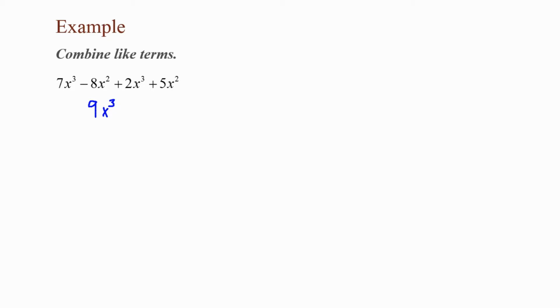Negative 8x squared plus 5x squared gives me negative 3x squared. So my answer is 9x to the third minus 3x squared.